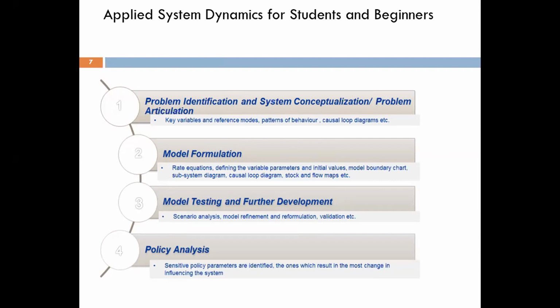In the third step, which is model testing and further development, here's where we do scenario analysis, we refine the model, we validate, etc. And the last step generally, and this is a very generic high-level breakdown of the modeling process, is sensitivity analysis and scenario analysis where we test different policies.